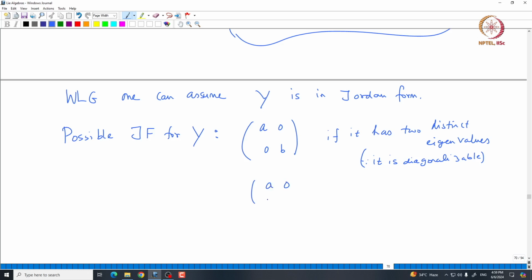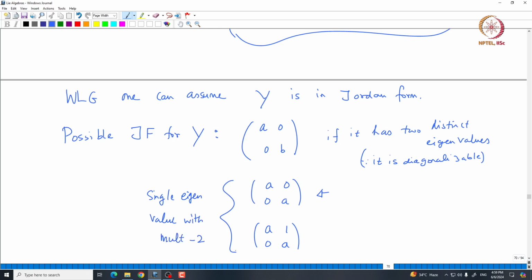If it is diagonalizable, then it should be of the form A 0 0 A. If it is not diagonalizable, then it should be of the form A 1 0 A. So, this is the case of a single eigenvalue with multiplicity 2; in one case it is diagonalizable, and in the other case it is not diagonalizable.